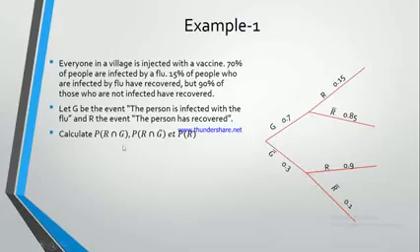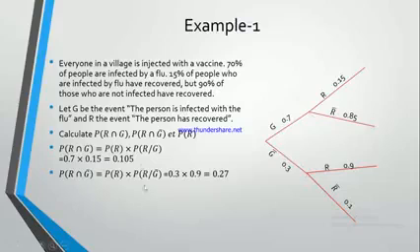So we need to calculate the probability of the intersection of R and G bar, or the complement of G, and R. So we know that P of R intersected with G is P of G times P of R given G, which is 0.7 times 0.15, which is 0.105.